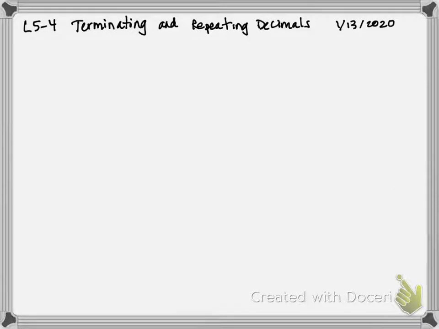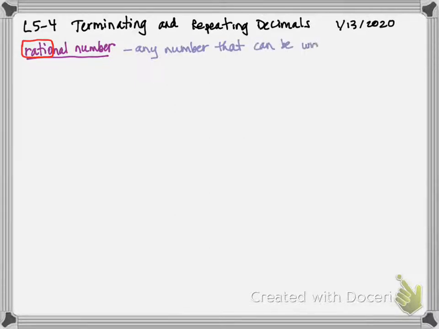So we start off with a vocab word that showed up on our test because we talked about this in chapter 2. Rational number. So a rational number, I'm going to highlight a special word here, ratio. Okay, so a rational number is any number that can be written as a ratio.